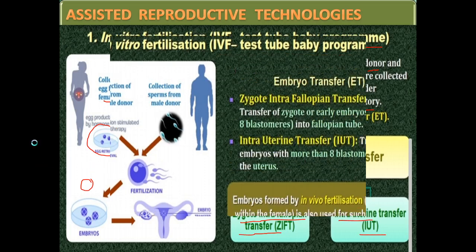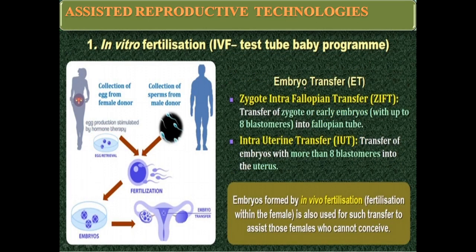In zygote intrafallopian transfer, the zygote or early embryo up to the 8 blastomere stage is directly transferred into the fallopian tube. That's known as zygote intrafallopian transfer.